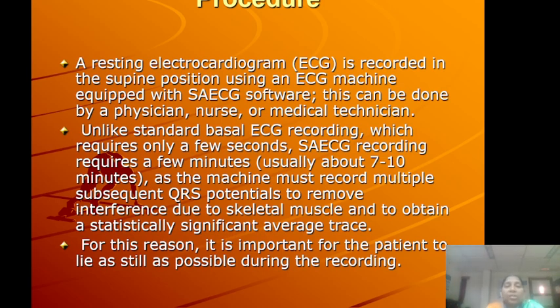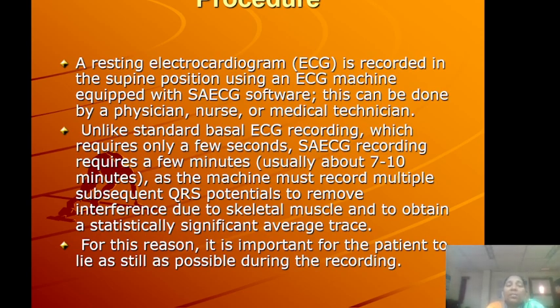Here the procedure to acquire the signal average ECG is, first the patient will be asked to lie in a supine position. Then there is specialized software, the signal average ECG software. The technician will connect the ECG machine to the subject using the lead system.